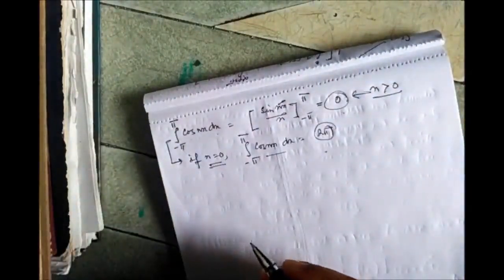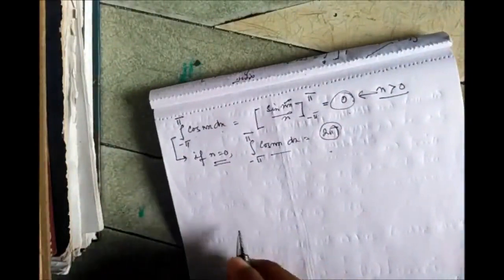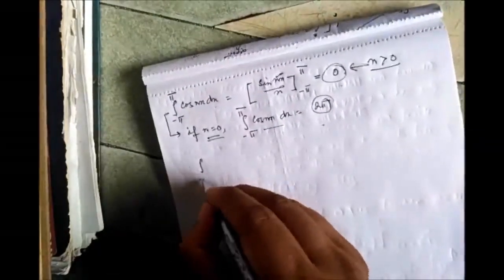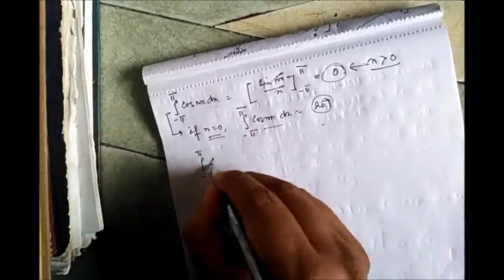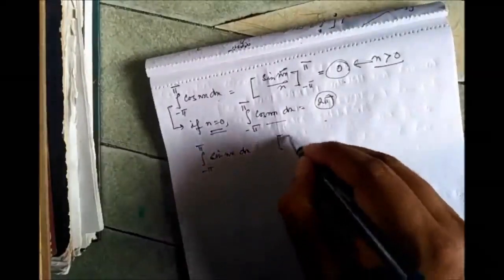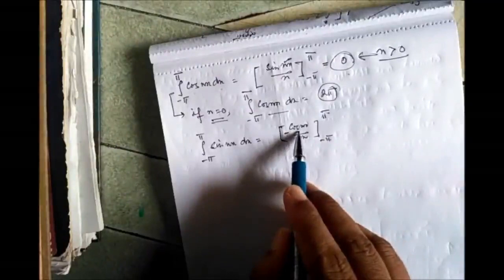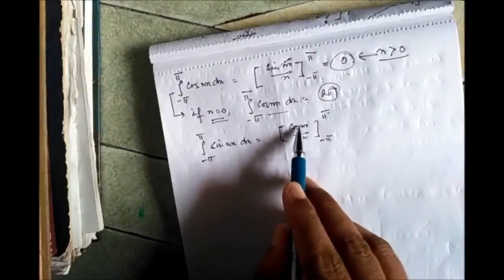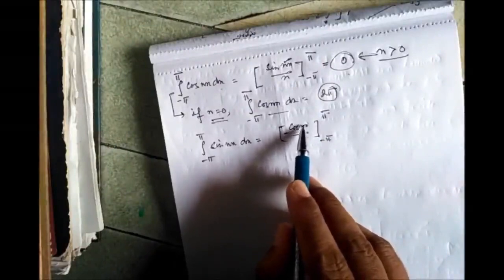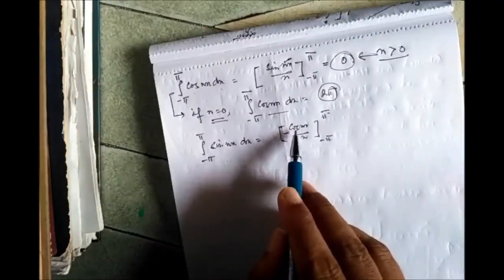Now the same thing happens for integration of sin nx dx. So minus pi to plus pi sin nx dx, what I get is minus cos nx by n from minus pi to plus pi. Now if you put minus pi, depending on the value of n, this becomes either minus 1 or plus 1, because cos n pi will be minus 1 to the power n.